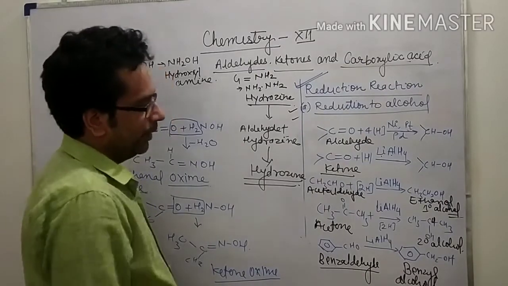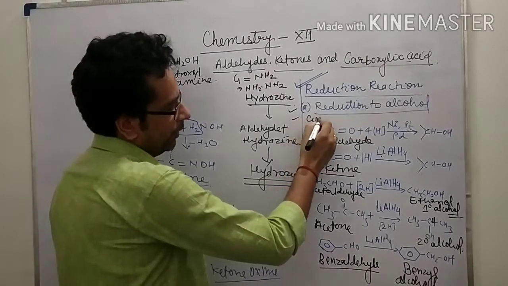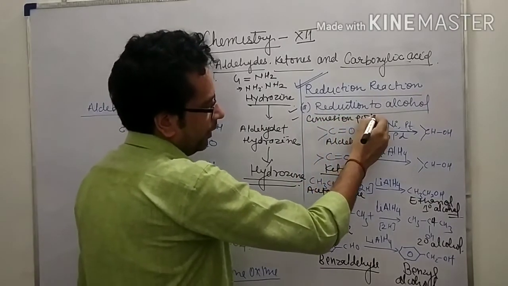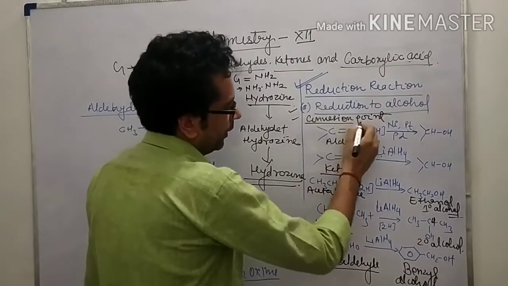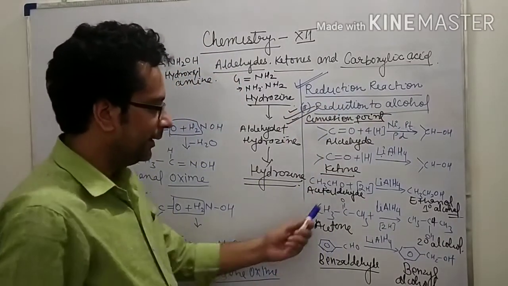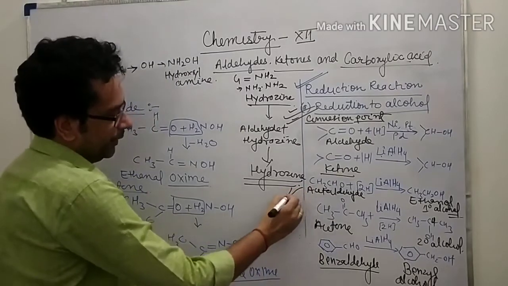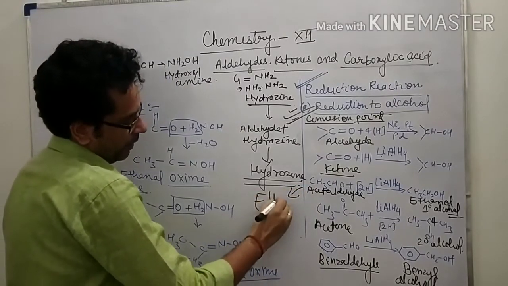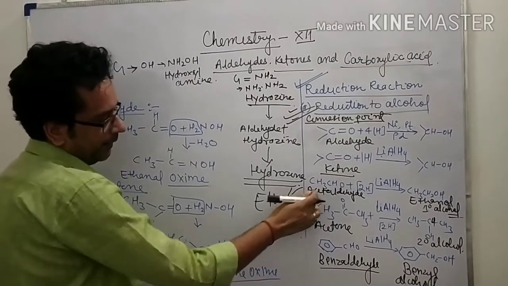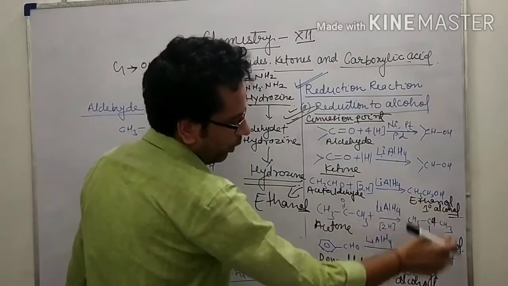So for the conversion point, it is very important. How can you convert acetaldehyde into ethanol? In case of aldehyde, the ending is AL, and in case of alcohol, OL.